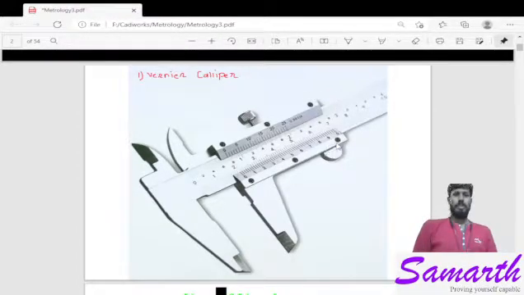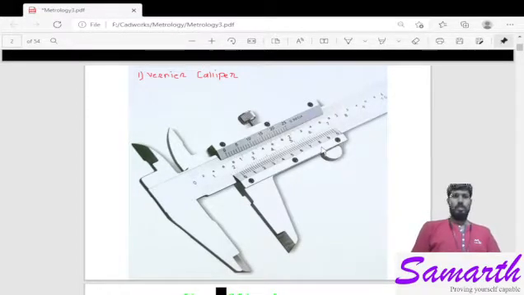Here you can also see the least count written over there, but don't worry if you are not able to see. I will show how to calculate it as well as how to take the readings on the Vernier scale.